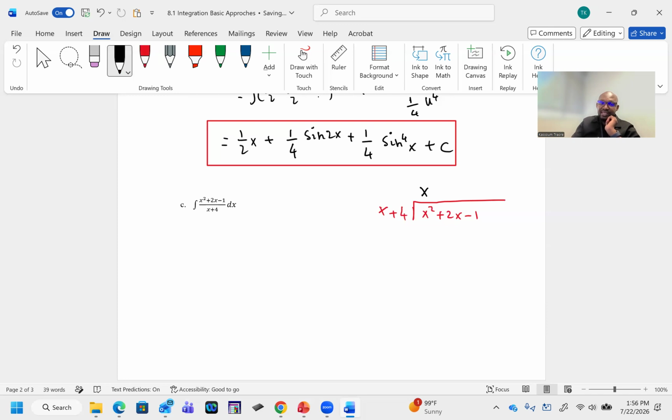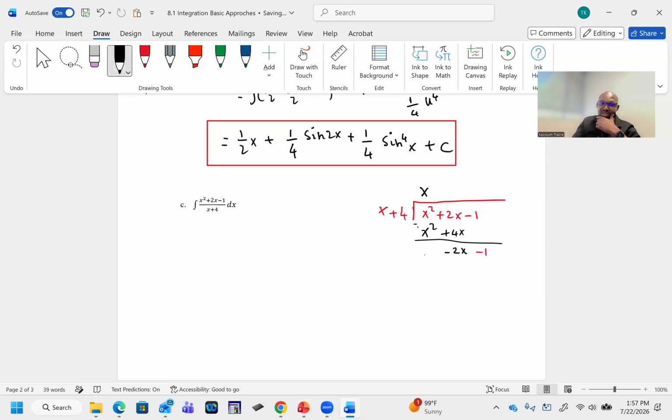X times x is x squared. X times positive 4 is 4x. Don't forget we subtract. x squared minus x squared will be canceled out, right? And now 2x minus 4x is what? Negative 2x. And then we bring this negative 1 down.